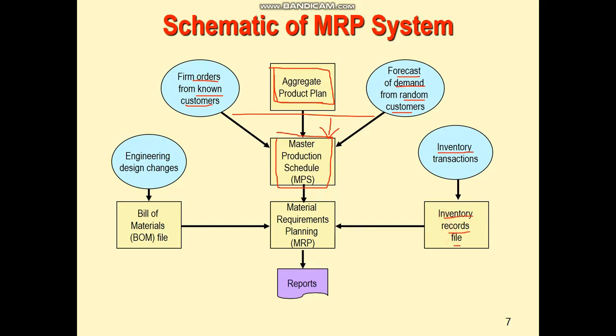And based on the master schedule, inventory record files, and BOM file, we can make the material requirements planning, MRP. Based on the MRP, we can write reports, like reports about production, about inventory, and so on and so forth.